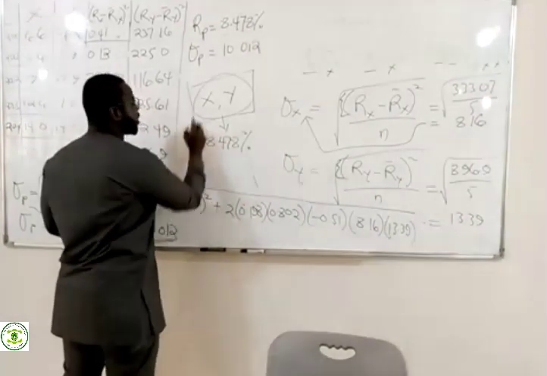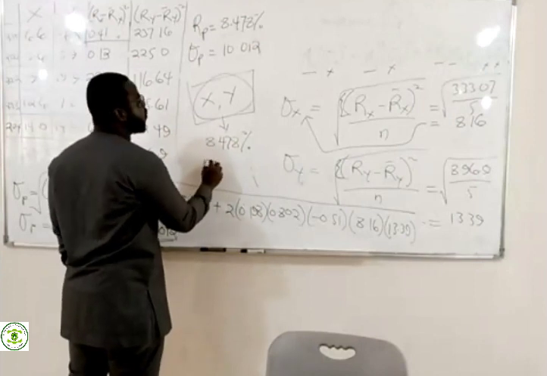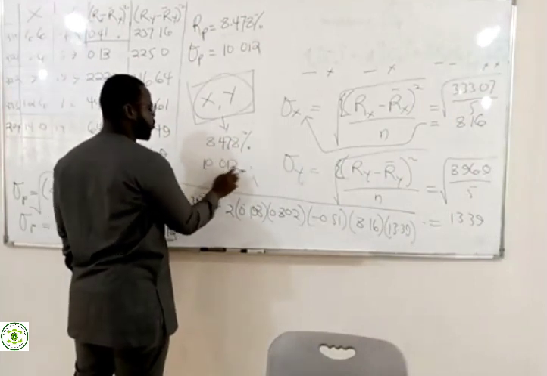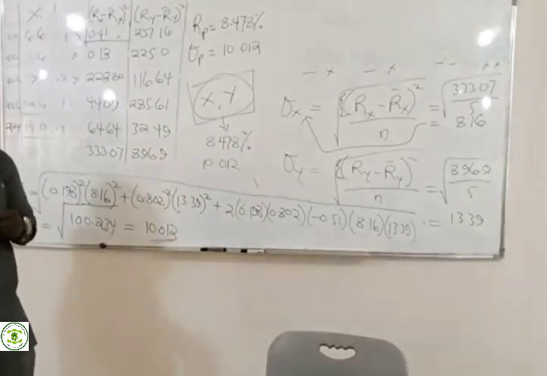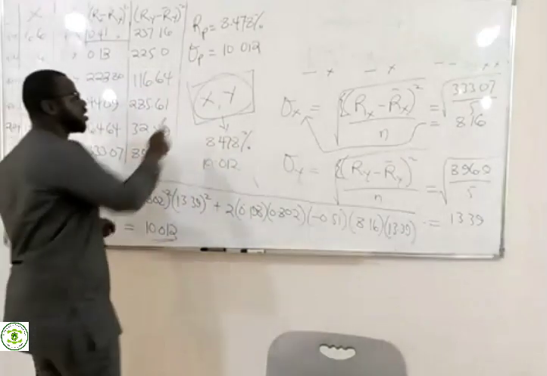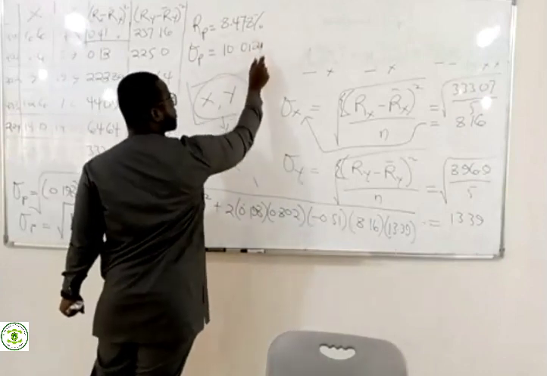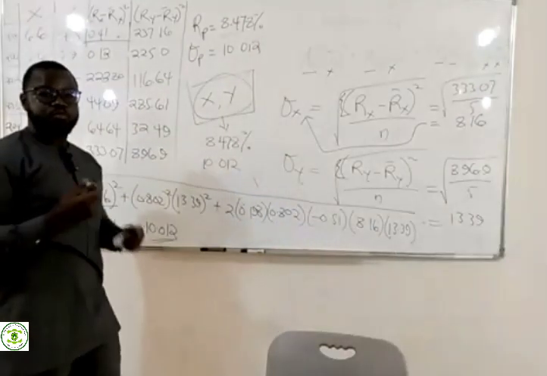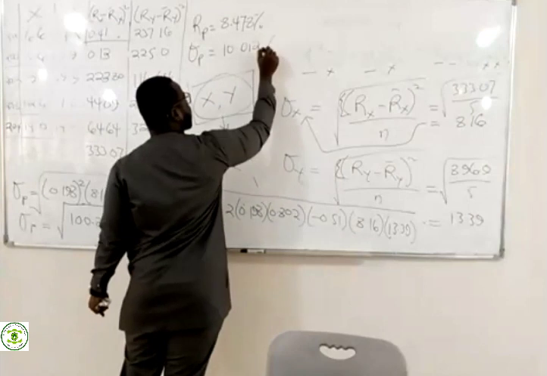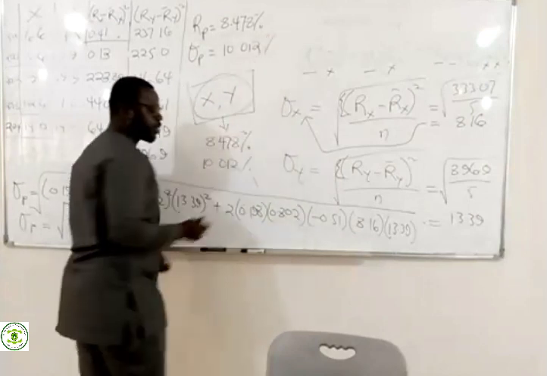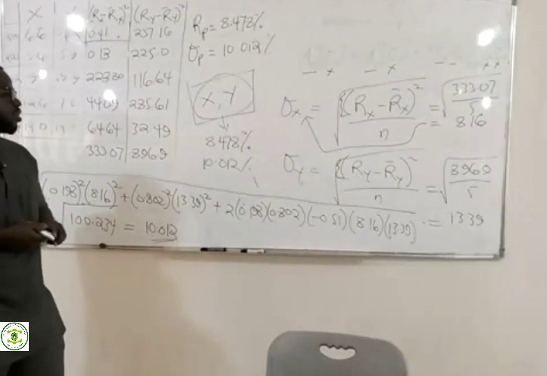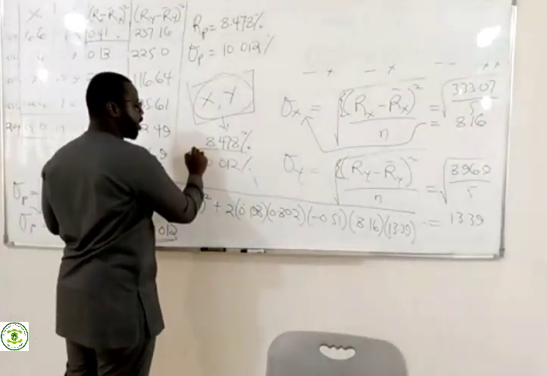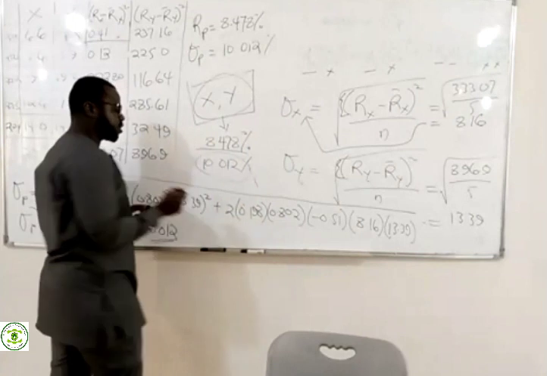And the investor will be exposed to a risk of 10.12%. In some books, they say standard deviation does not have a measurement unit, so I've not been adding percentages to it. But in some books, they will add percentages. You may not be wrong if you add or if you do not add. So this is how much you are going to earn, and this is the level of exposure that you should be getting.